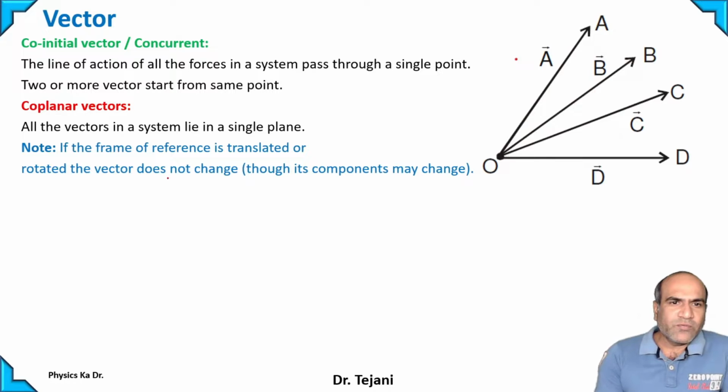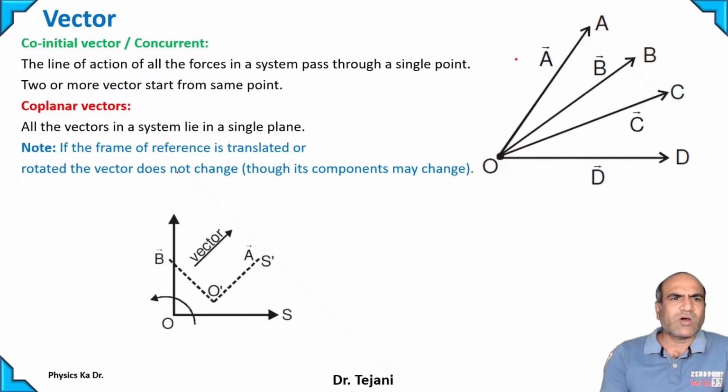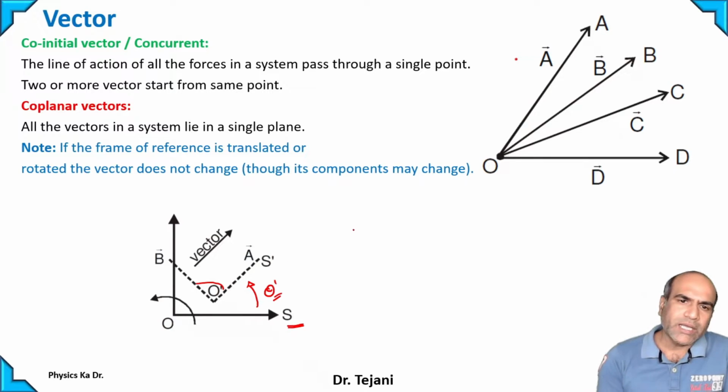Note: if the frame of reference is translated, that is a specific note for every part. Suppose initially this is S and this is B vector. If this entire system of S and B is shifted towards some angle, S and B keep the same angle between them that they had initially. Even if it is moved to some other angle, its properties remain constant.